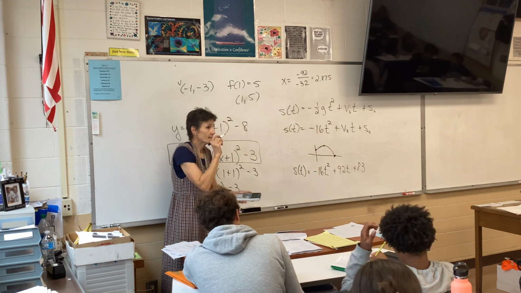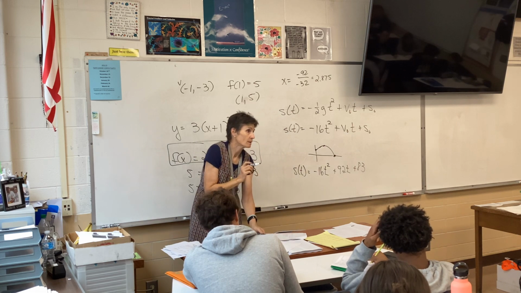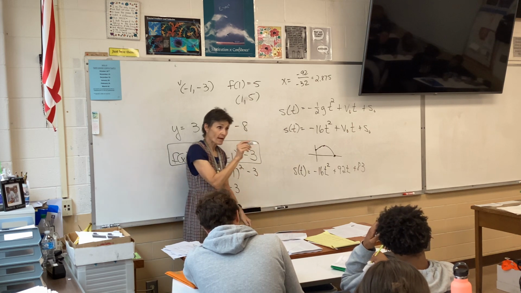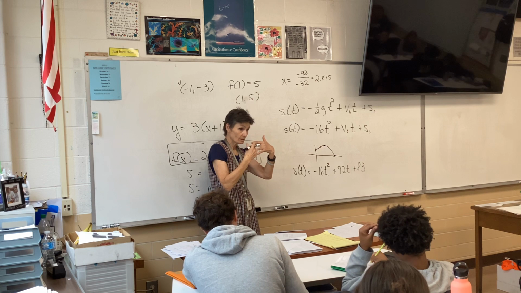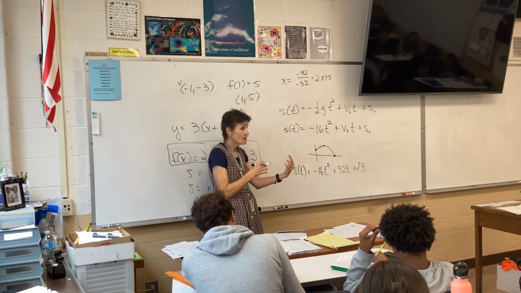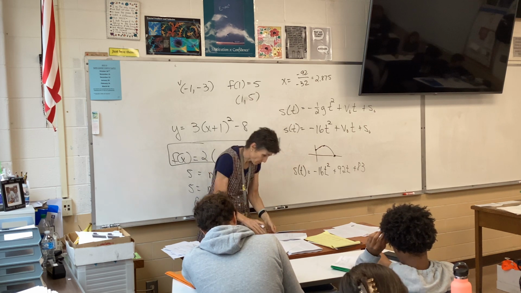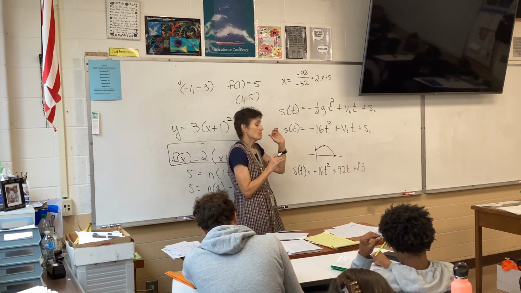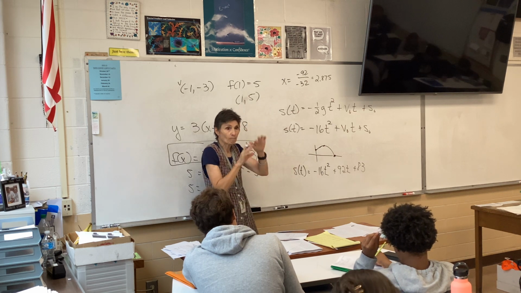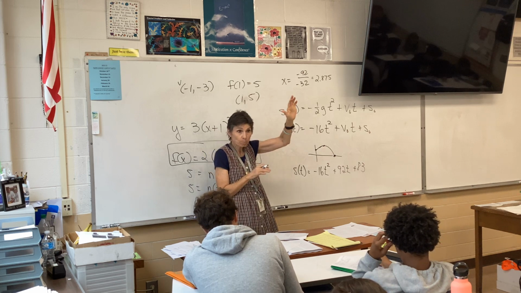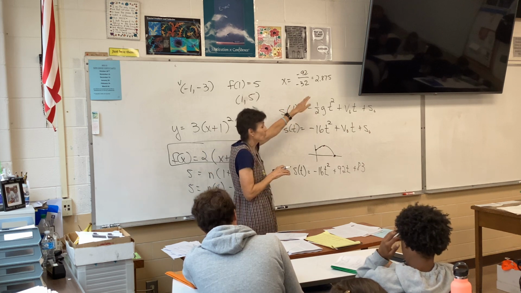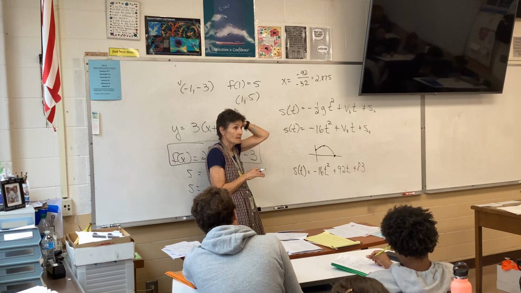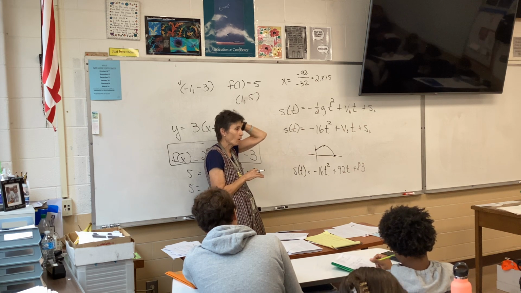Now, what does that number stand for? That's your x, which is your t, which is your time. So if it said, how long does it take the ball to reach its highest point? Then you would say 2.875 seconds. But that isn't what it says. It says, how high does it go?